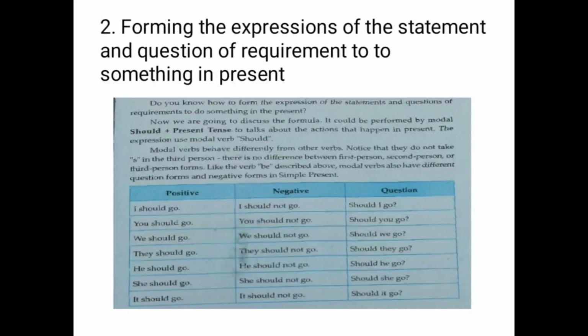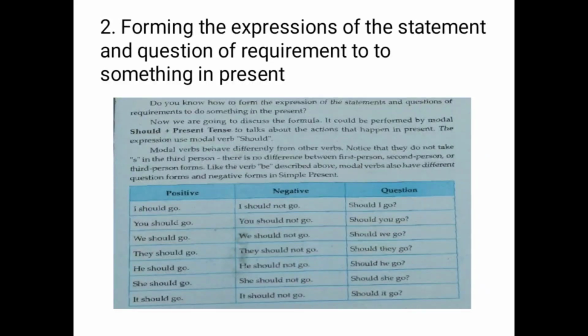Point 2, for the point A, forming the expressions of the statement and question of requirement to do something in present. Okay, do you know how to form the expression of the statement and questions of requirement to do something in present? I have given you the examples before. Now we are going to discuss the formula.